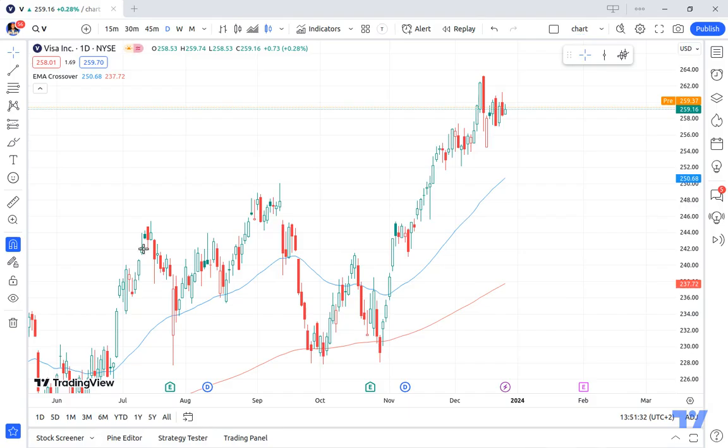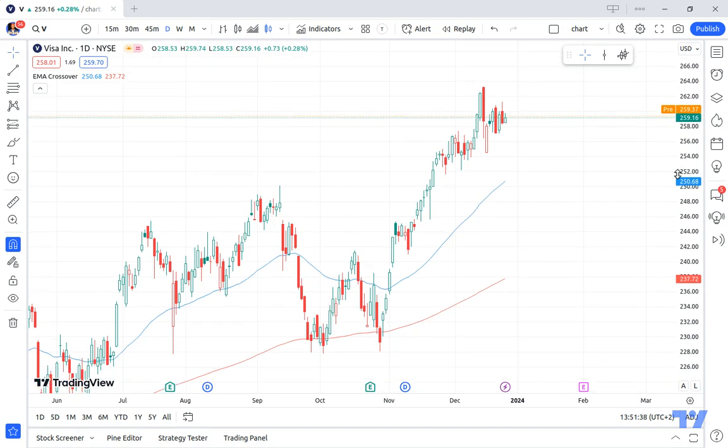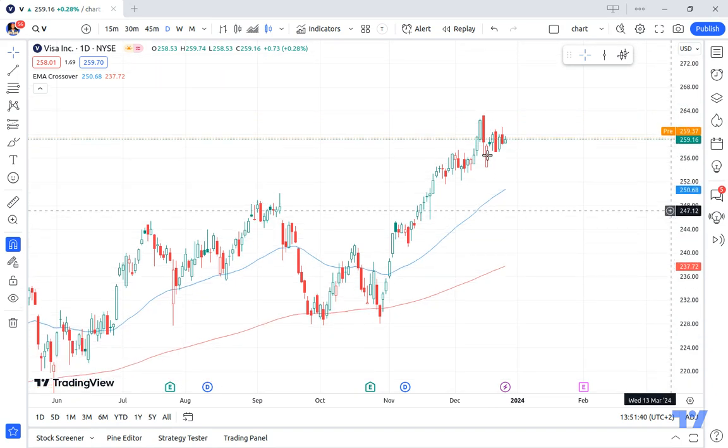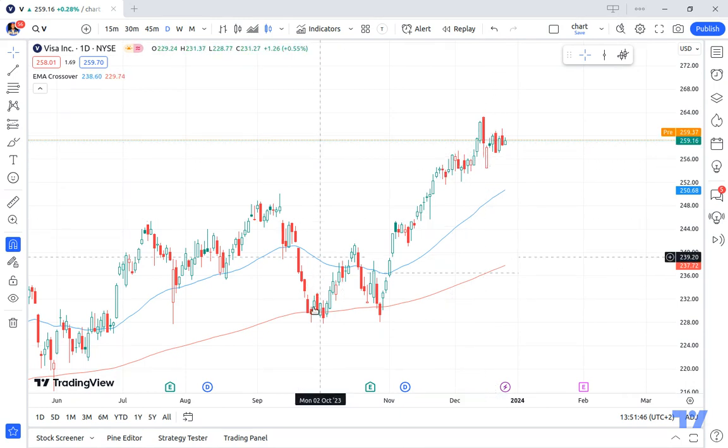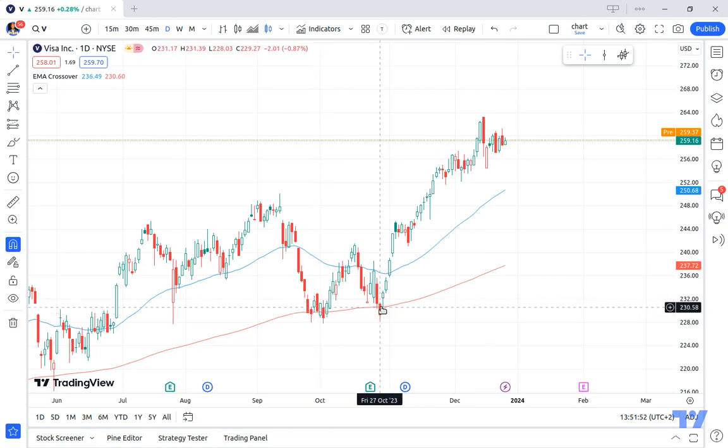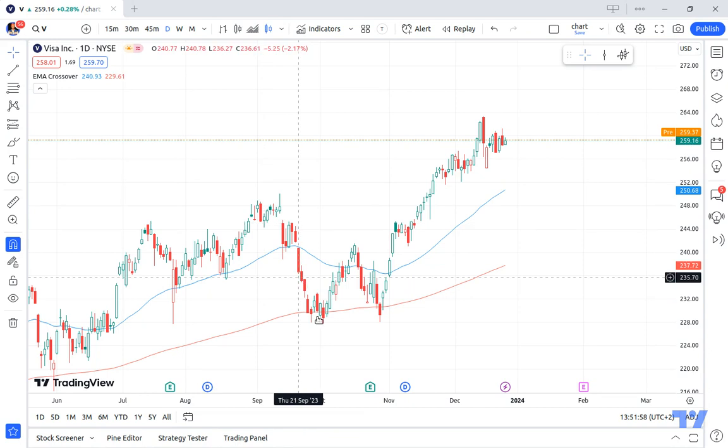As you can see here, we're looking at Visa. Notice that it has kind of crashed here. This is more like a seller's wall. Also notice that it did a double bottom in September, and in October it gave us a very good double bottom. This is commonly referred to as the Buffett indicator.